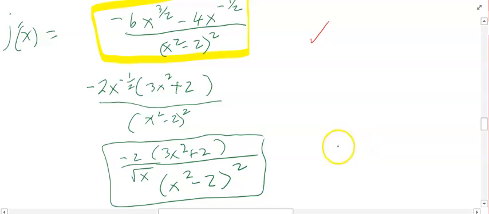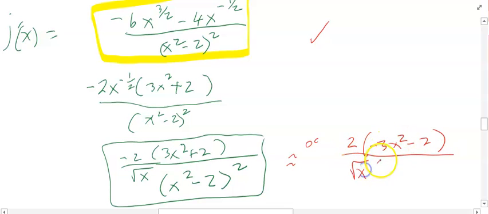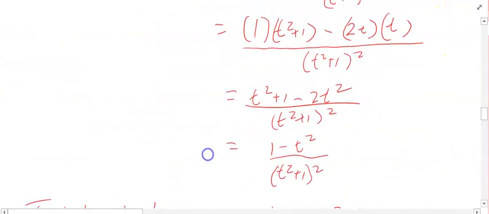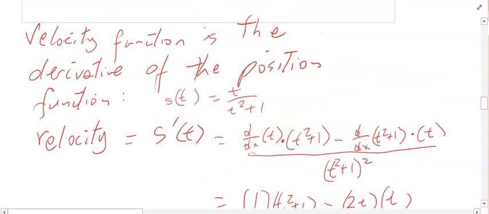And so if you only factor out a 2 from there, you would end up with something like negative 2 times 3x squared plus 2 over radical x times x squared minus 2 all squared, something like that. Those are equivalent. Ready? Let's look at one more question from this lesson and see what we can get.